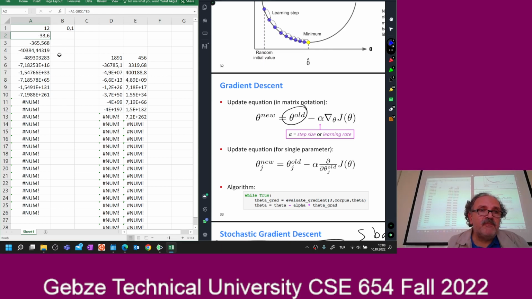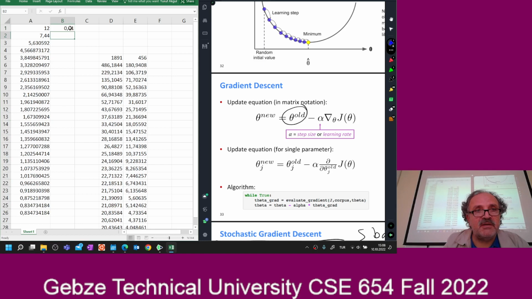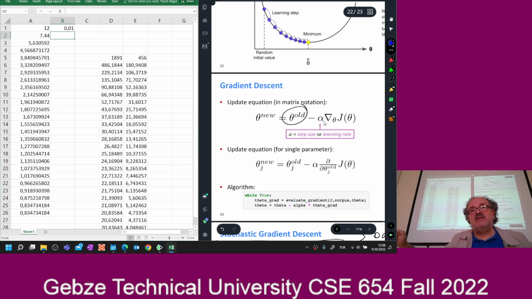It is a negative number, then negative number, then negative number. There is something wrong with this. Let's make this 0.01. Yeah. Did you see what happened? I made this alpha very big, so it took a very large step. That large step messed up everything.